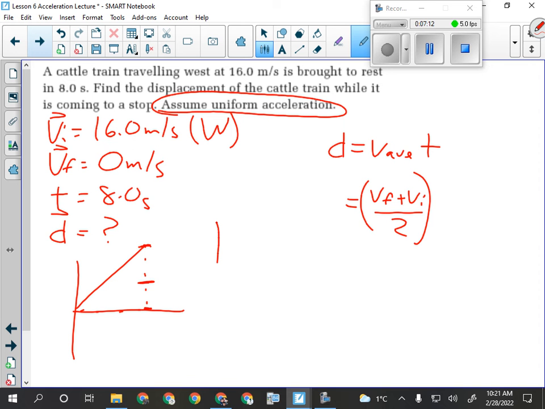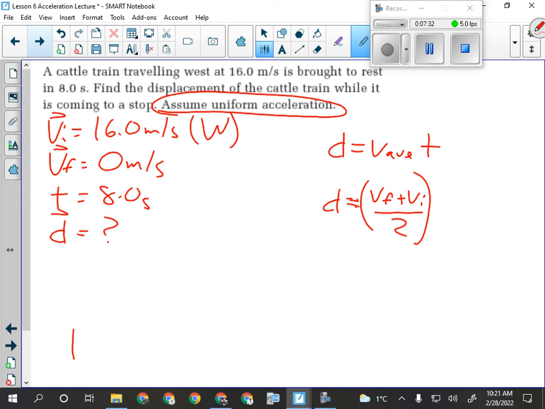If this graph looked like this, that's no longer uniform. There's two different accelerations there. This formula doesn't work. Okay? All right, so now I've got my formula. Okay, there we go.